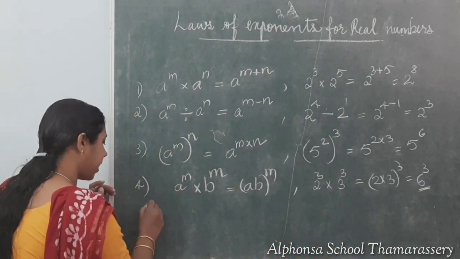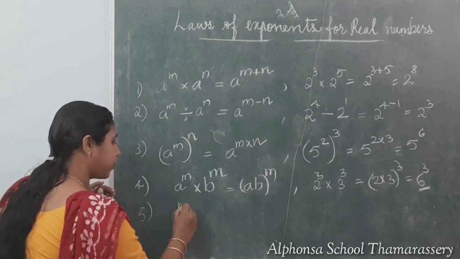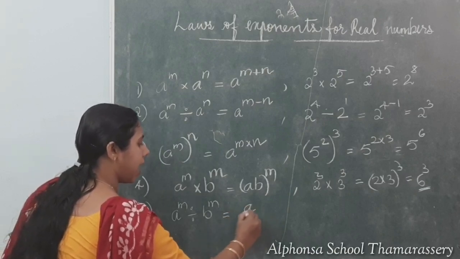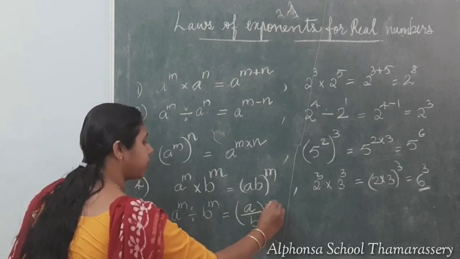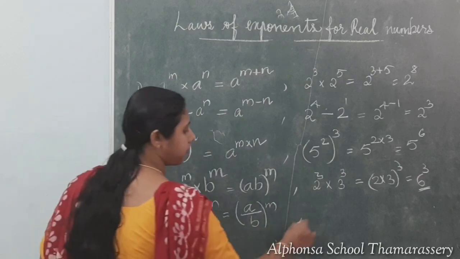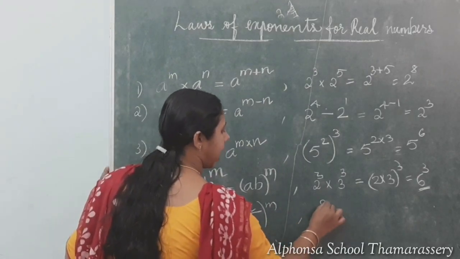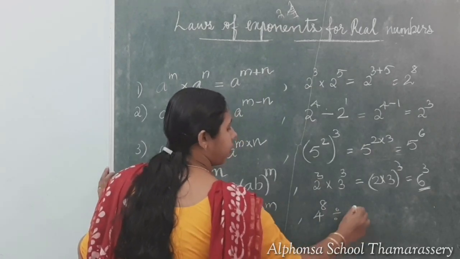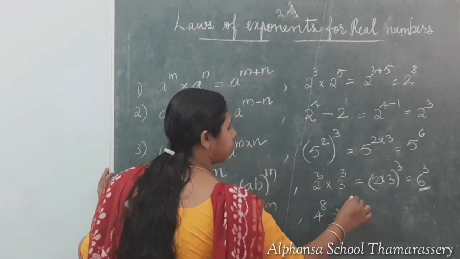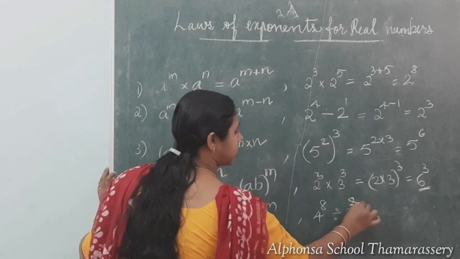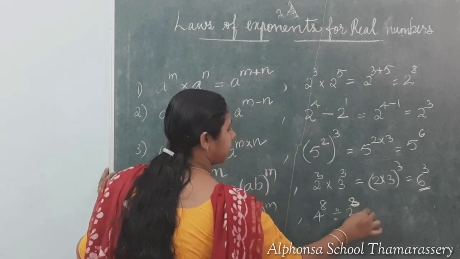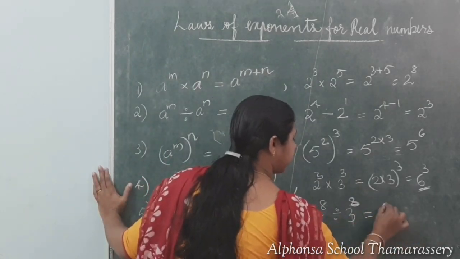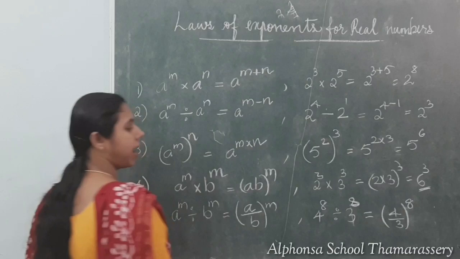And in the same way, the next one is a raised to m divided by b raised to m is equal to a by b whole raised to m. For example, 4 raised to 8 divided by 3 raised to 8, which is equal to 4 divided by 3 whole raised to 8.